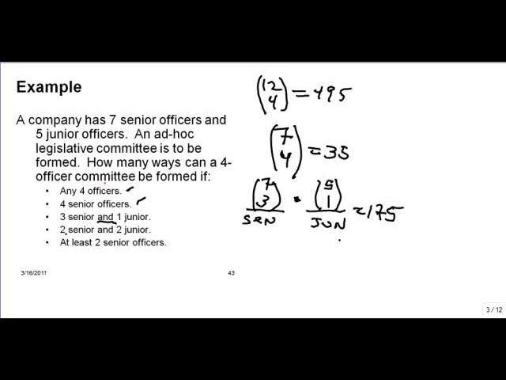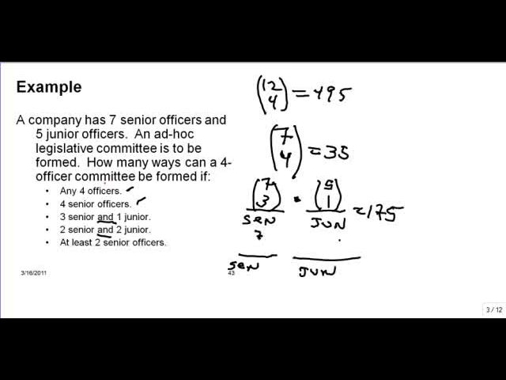So the next one is we want 2 senior and 2 junior. Since these are separated with an and, I know I'm going to use my fundamental counting principle. So again, I'm going to go senior, junior, and then again I'm going to ask myself, how many senior officers do we have? 7.